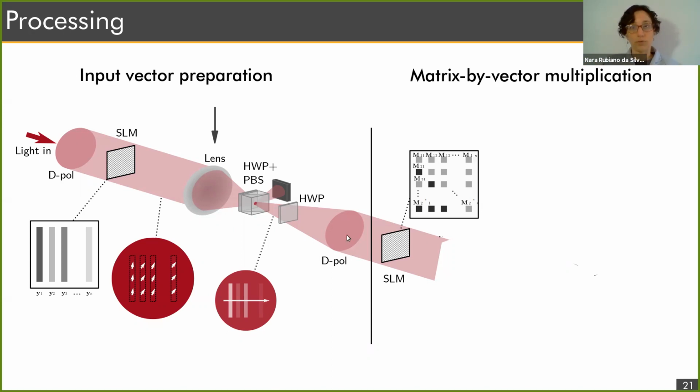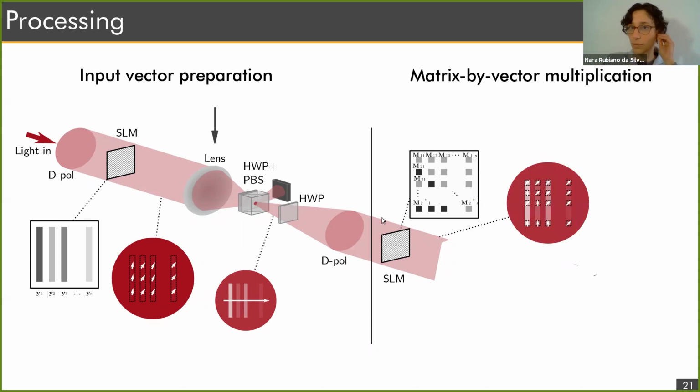And this is really relevant because the fact that we are applying this sequence of two SLMs means that the net effect will be a multiplication of the elements of mask 1 and mask 2, which in the end means that we are taking each element of the distances vector and multiplying by each element of the binary matrix.